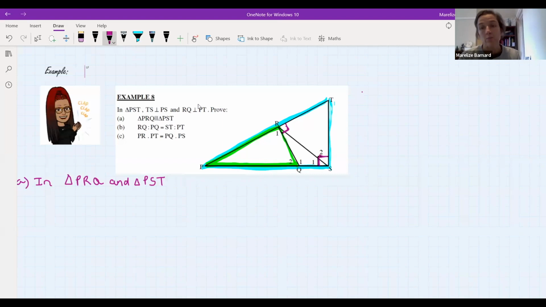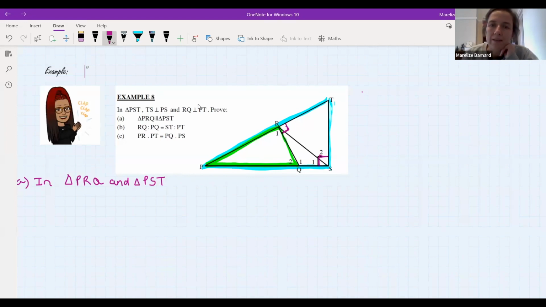For similarity, we need three angles to be equal. But luckily, we actually only need to find two, because the third one follows logically from the fact that the angles in a triangle add up to 180 degrees. So if I start with the green triangle first, I just look for angles that are going to be equal to the angles in triangle PST.